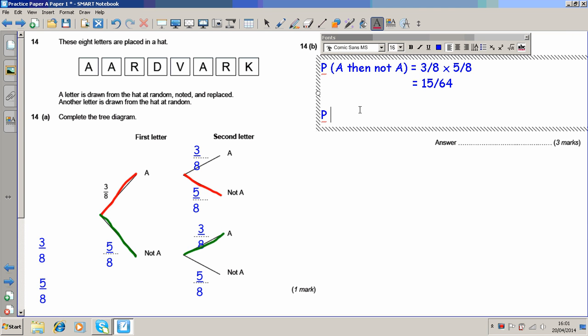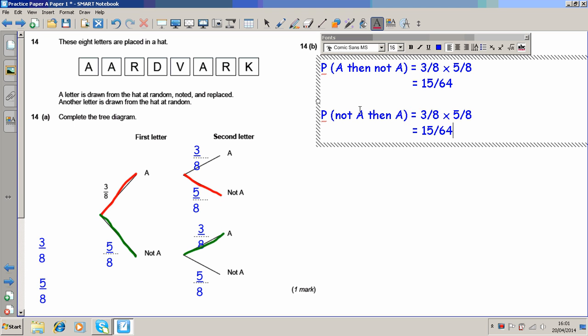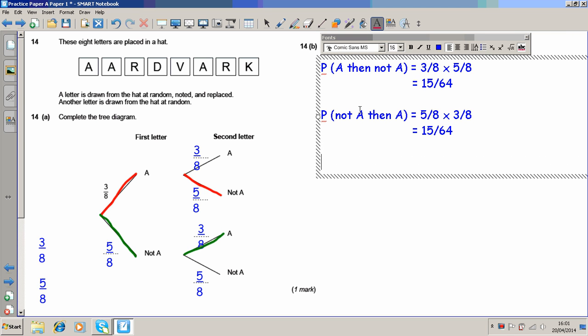So that's one. Or probably not an A, but then getting an A. Well, that would be 5/8. Cheat a little bit. Probably not getting an A is 5/8, but then probably getting an A the next time will be 3/8, which still works out to be 15 over 64.